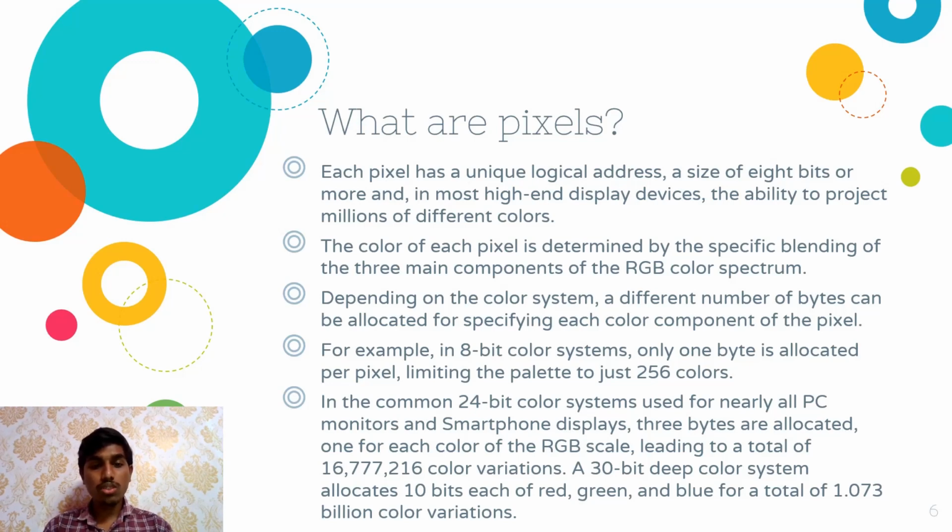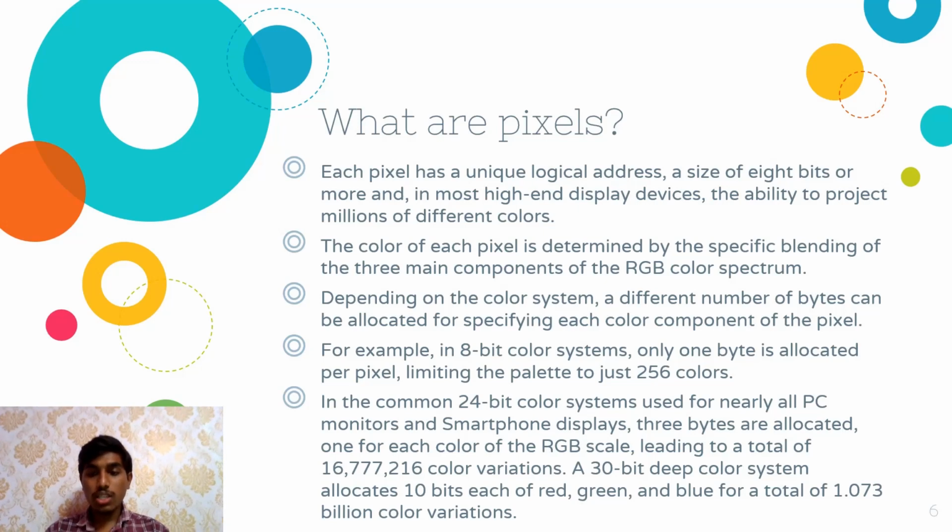In the most common 24-bit color systems, used for nearly all PC monitors and smartphone displays, 3 bytes are allocated, one for each color of the RGB scale, leading to a total of 16,777,216 color variants.